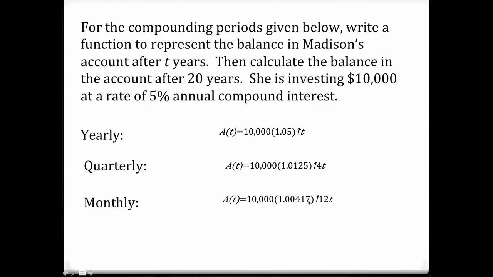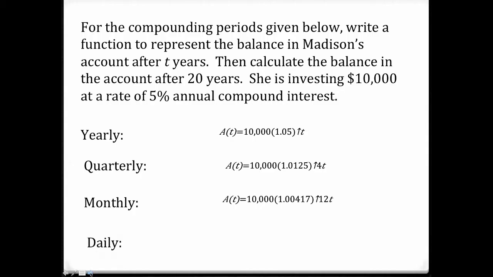Otherwise, if I'm rounding too much, I'm not going to get the difference in the amount of money. So that $10,000 is going to get compounded monthly, which means my interest is 0.417%, raised to the time period of 20 years in our case, but I've got to multiply that by 12 in order to figure out what that's going to be.